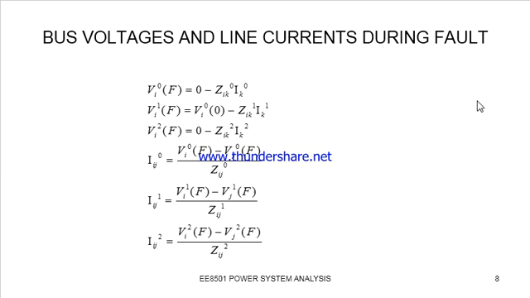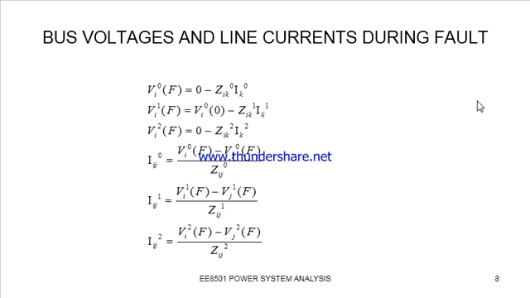I mean the Vi of 0 is nothing but the pre-fault voltage. And next, Vi2 of F is equal to 0 minus ZIK2 into IK2.